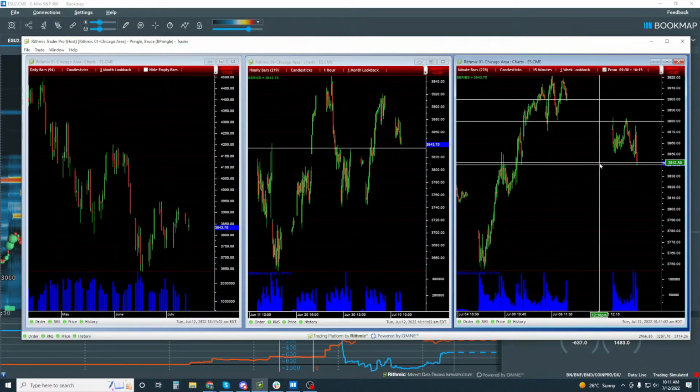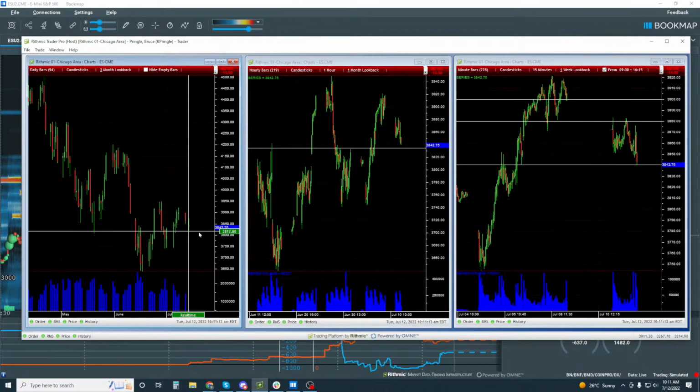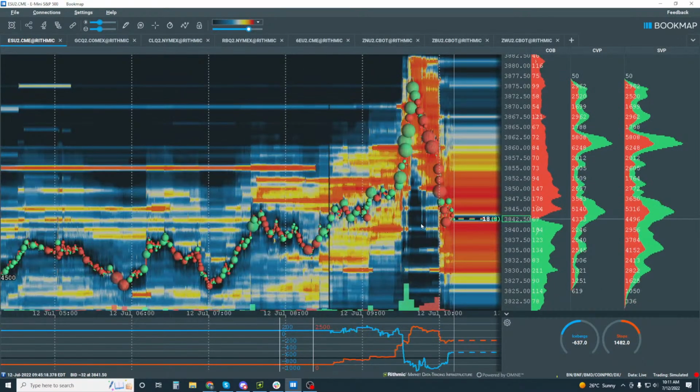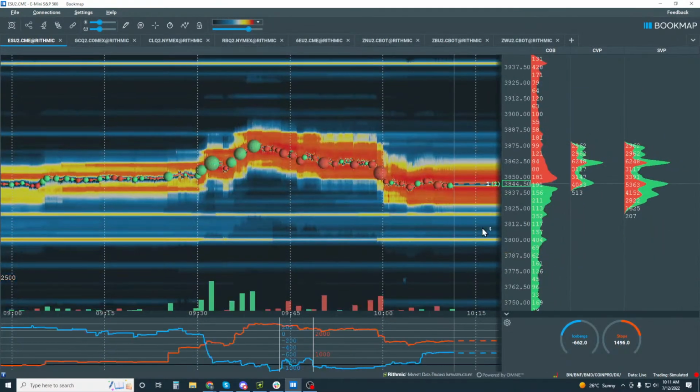You can see that on one of these charts in here. Was it the daily? Yeah, on the daily you can see it. Anyway, here we are at 38.40. So again, looking to see if sellers can push it through and retest back down into the 38.20 level, and then 3800, the figure.